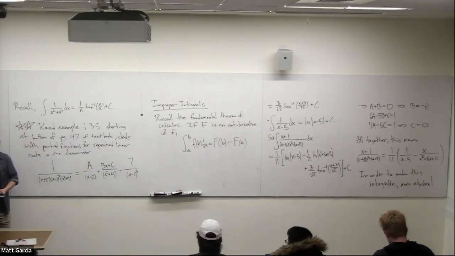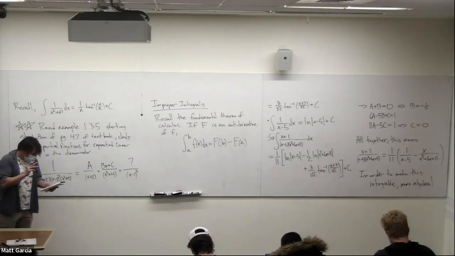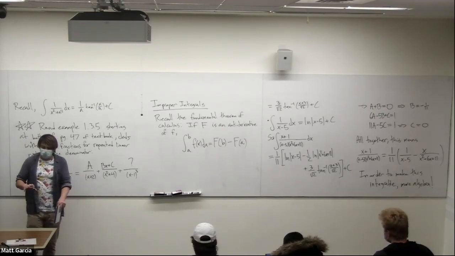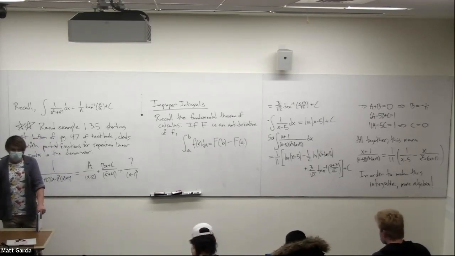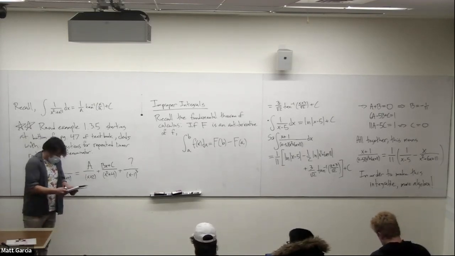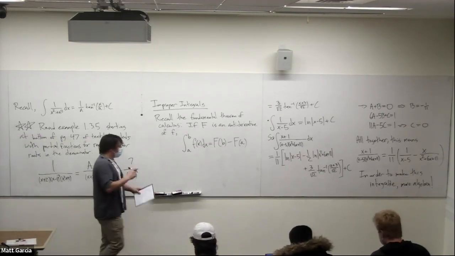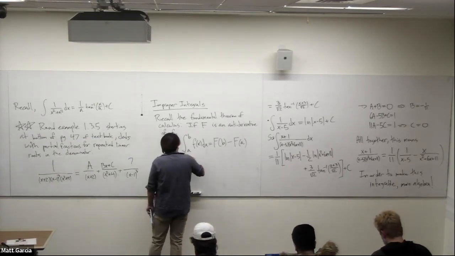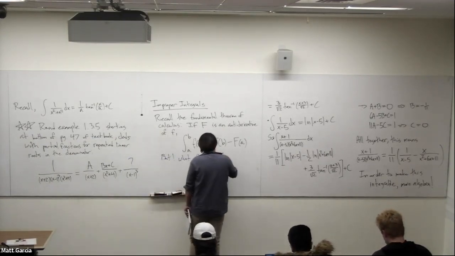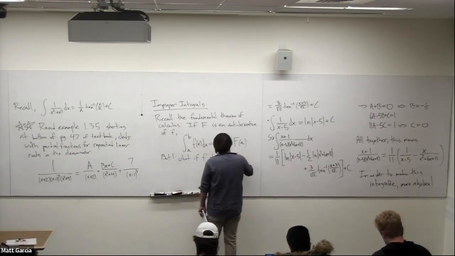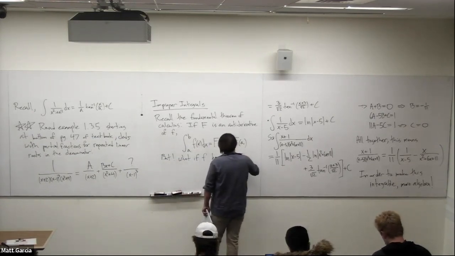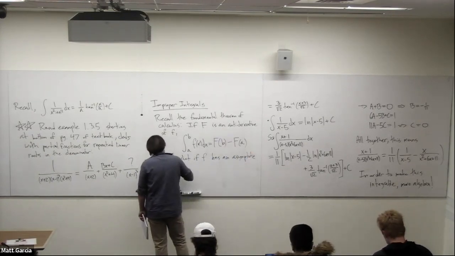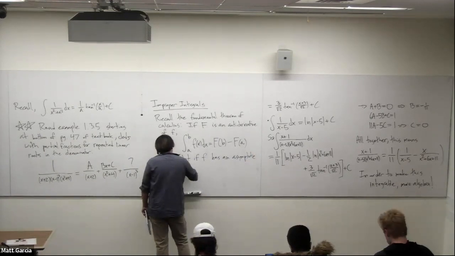I haven't talked about definite integrals yet, but I think there is a concerted effort to have some discussion about this in calculus 1 at the end of the course, right? Okay. But what if f has an asymptote at x equals b?